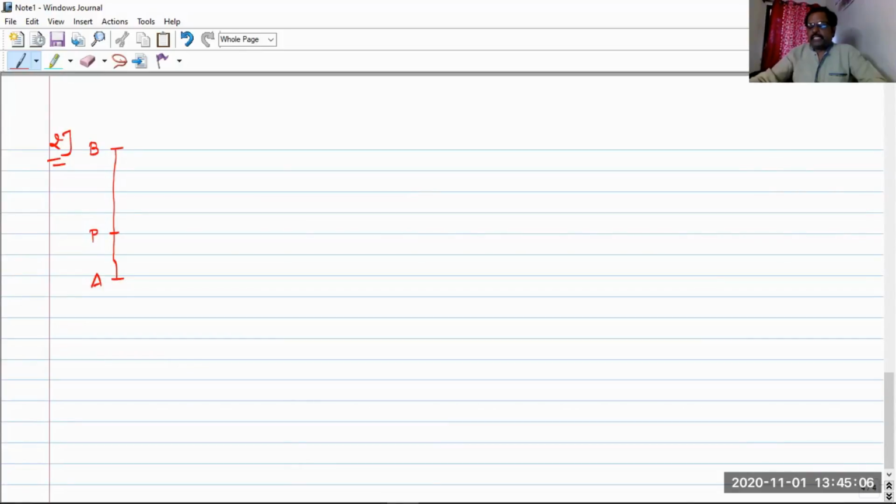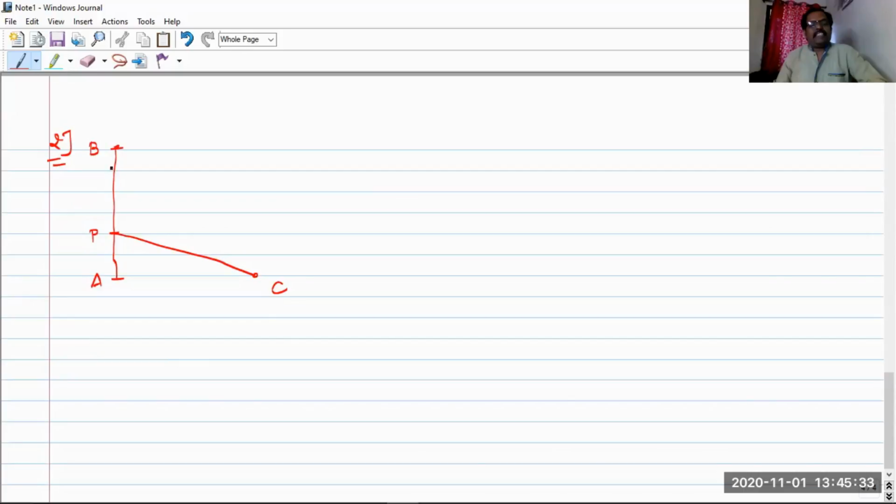Due to the breakage, obviously the remaining part of the tree will come down to the ground, like this, right? It bends and comes down to the ground level. So this point B, the top of the tree, touches the ground at this point, say the point C, right?